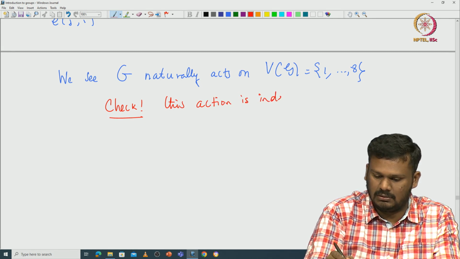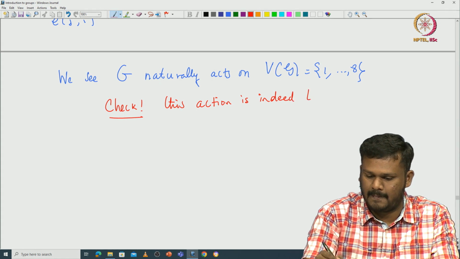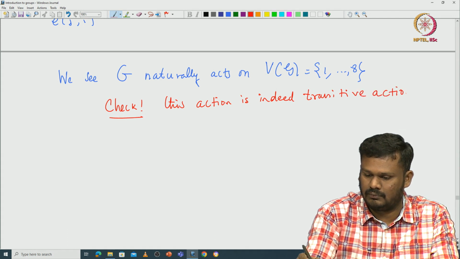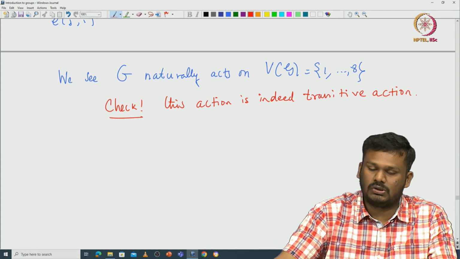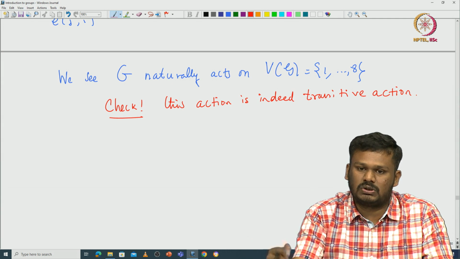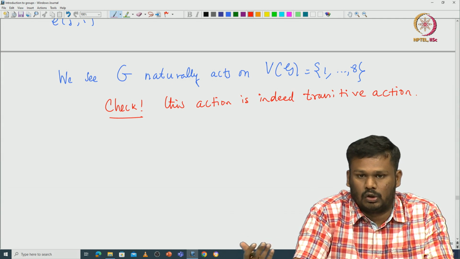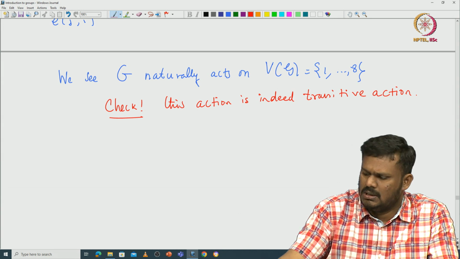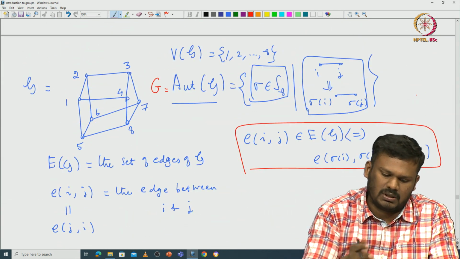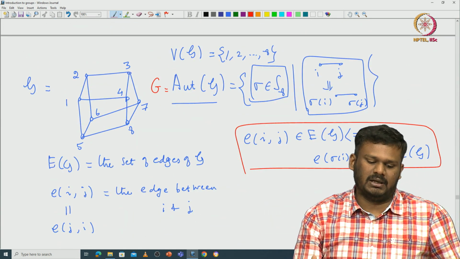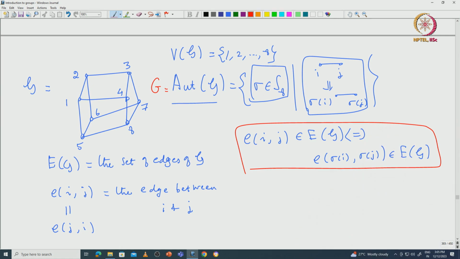This action is indeed a transitive action. That means you can go from one vertex to another vertex by some automorphism. You can just look at the graph and see that it can be done. There are many symmetries here.